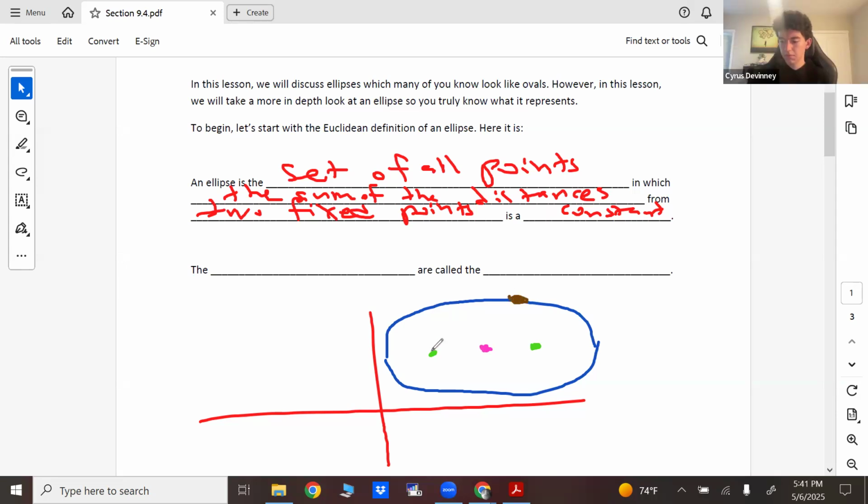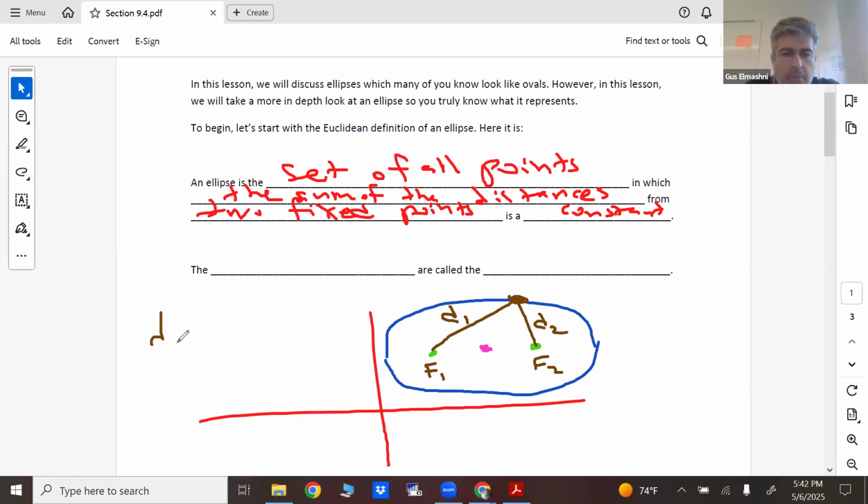So I'll call this F1, call this F2. I'll call this D1, I'll call this D2. D1 plus D2 will always equal the same thing, where F1 and F2 don't move.